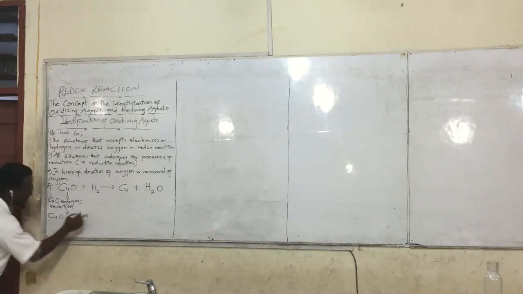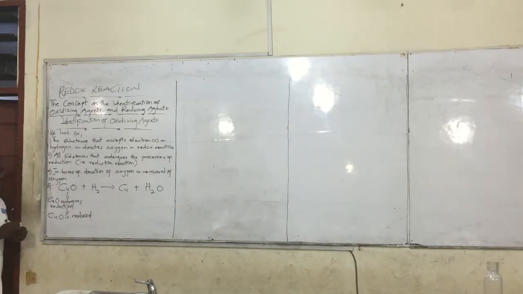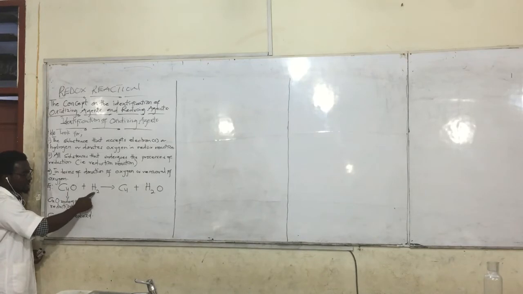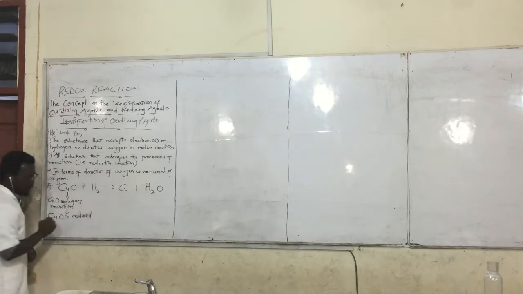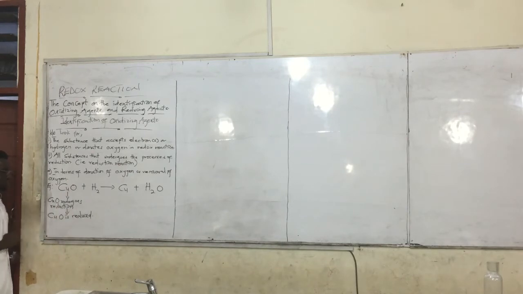So we can simply say that CuO is reduced. CuO undergoes reduction. Why? It donates oxygen to hydrogen gas to produce water molecules. Therefore, CuO undergoes the reduction process. This implies that CuO is reduced.